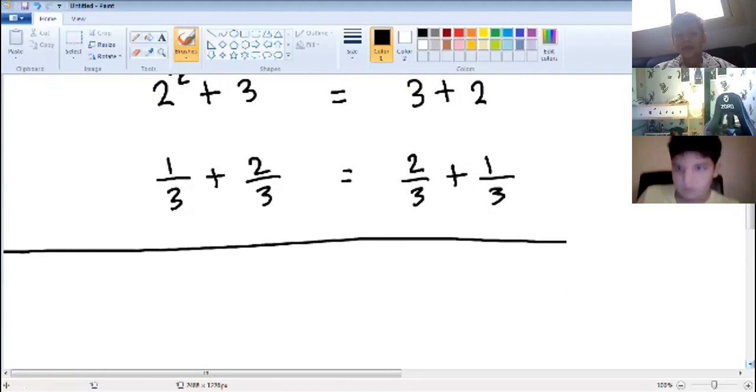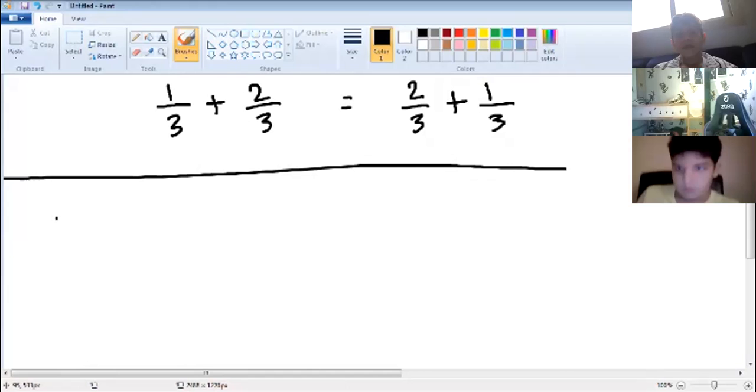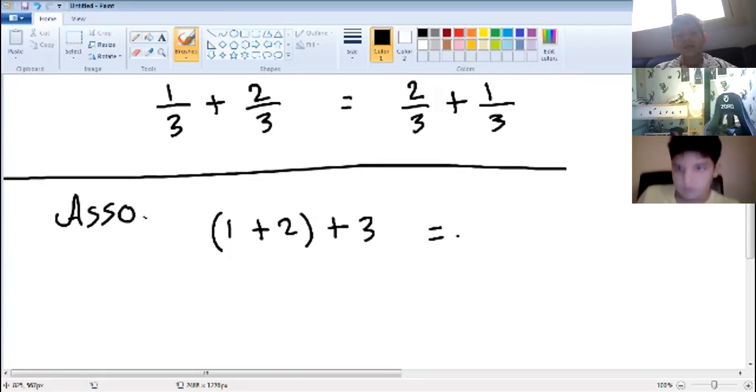Now, what I mean by associative property, it's like an abbreviation for the word. 1 plus 2 in one bracket, plus 3. What is the answer, Muhammad? 1 plus 2 plus 3 is equal to 6.